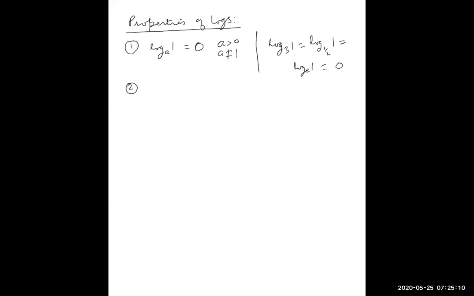The second property was log a of a is equal to 1. For example, log 3 of 3, log pi of pi, log 10 of 10, all will be equal to 1.